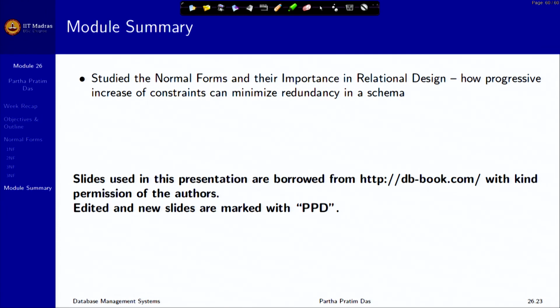So, in this module, we have introduced the basic notions of three normal forms, particularly the third normal form, because very often it is not enough to just do the first or second normal form.